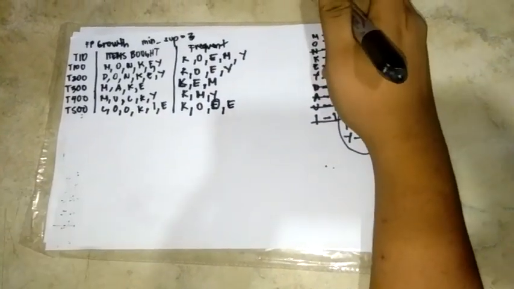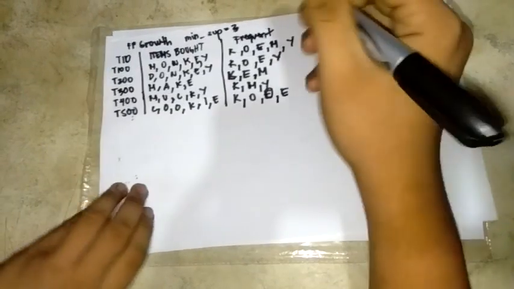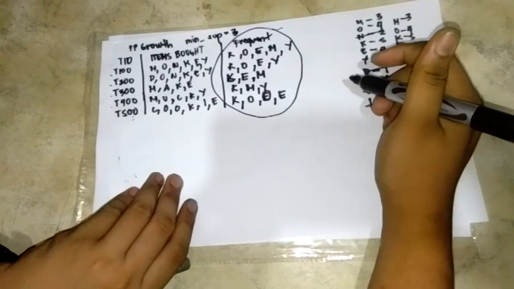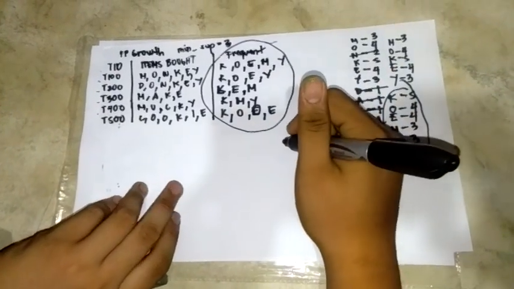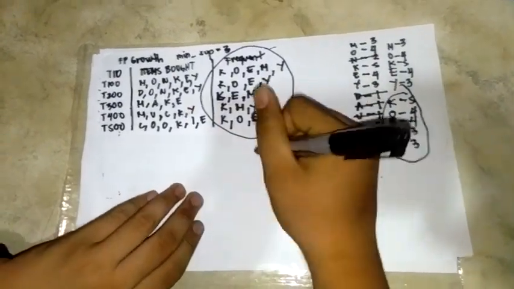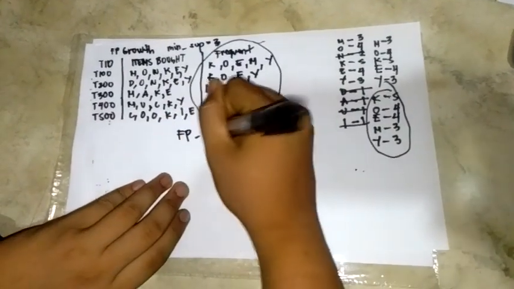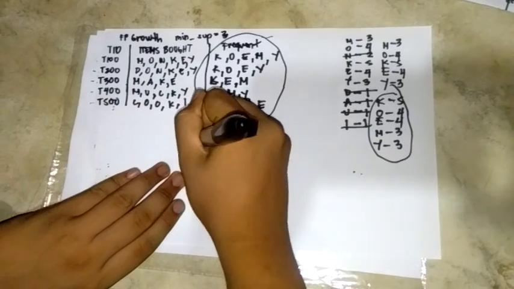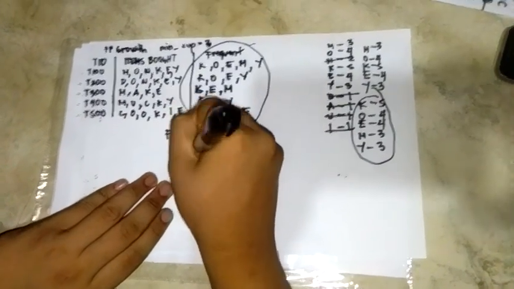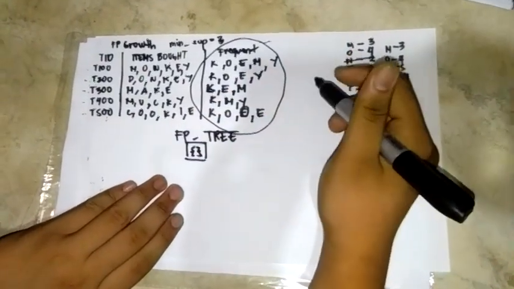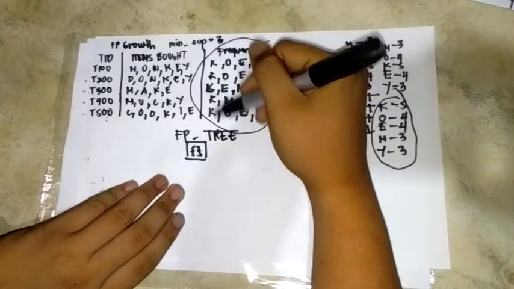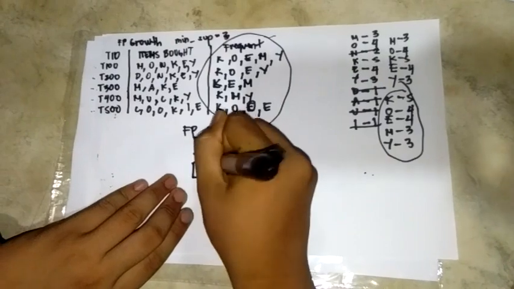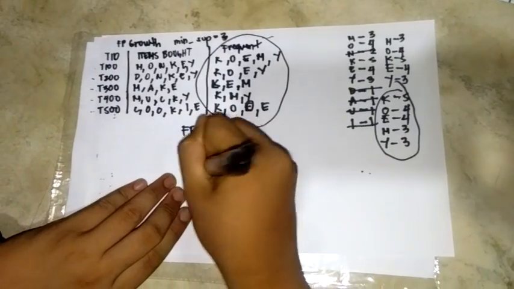So let's construct the FP tree based on these frequent items. Let's first connect this 5 K. K is 5.